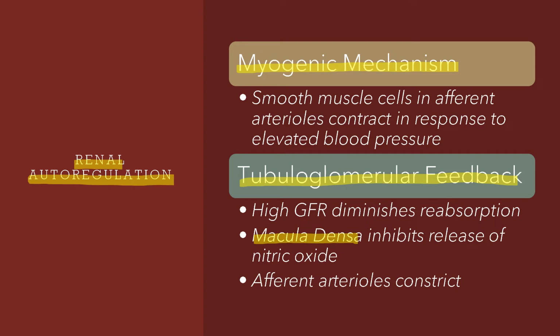So in these cases, the macula densa is going to inhibit the release of nitric oxide. And if we remember, nitric oxide causes vasodilation.